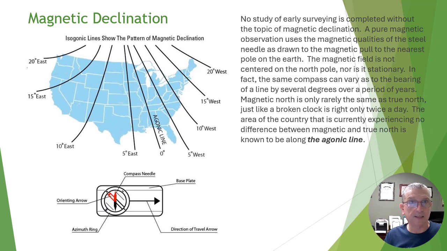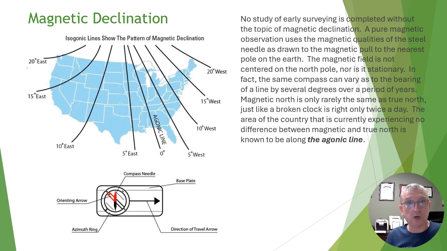Well, the magnetic field is centered way up near the North Pole, but not exactly on the North Pole. And this pull differs depending on where you are on the face of the Earth. So magnetic north is pointing towards the magnetic field, not true north.